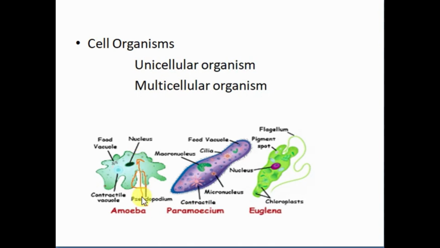When the cell ejects solid waste, it is called exocytosis. These were the two terms which are also important, and they can come in your exam. They can ask the meaning of endocytosis and exocytosis.